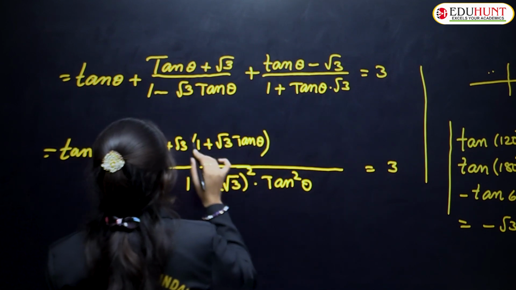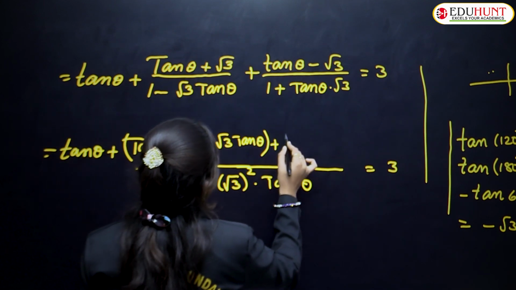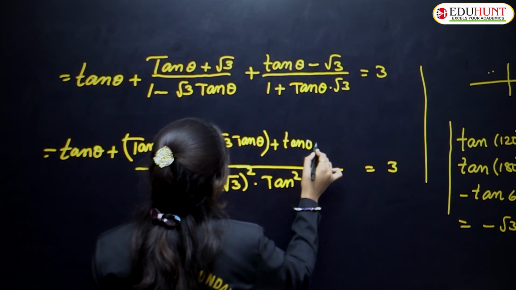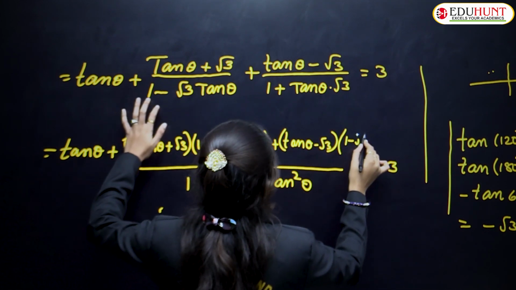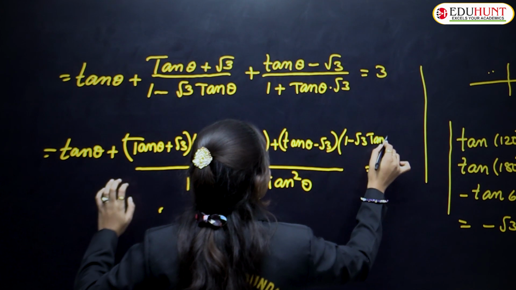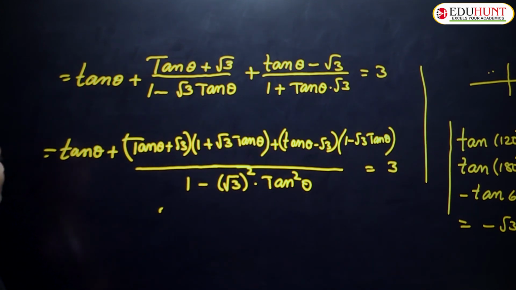Just take the product of those two terms, as well as plus tan theta minus root 3 into 1 minus root 3 tan theta, which equals 3.